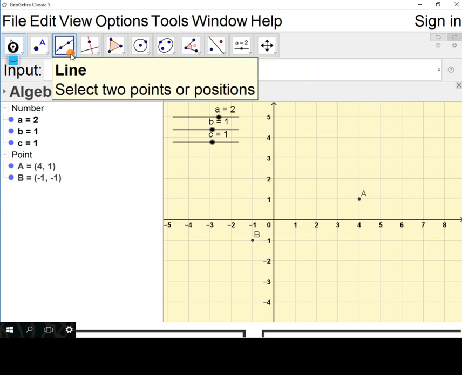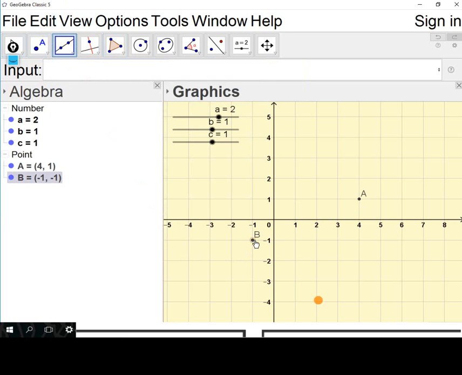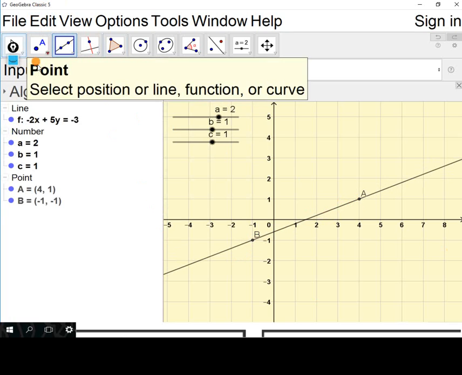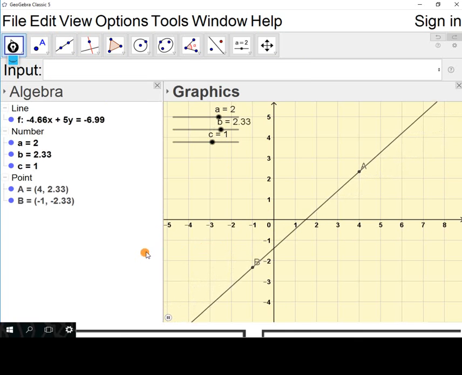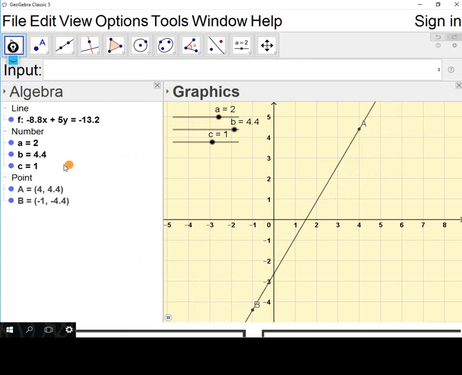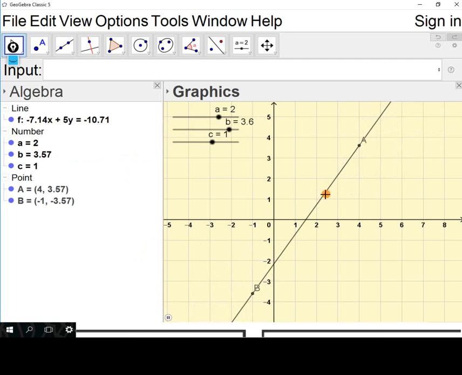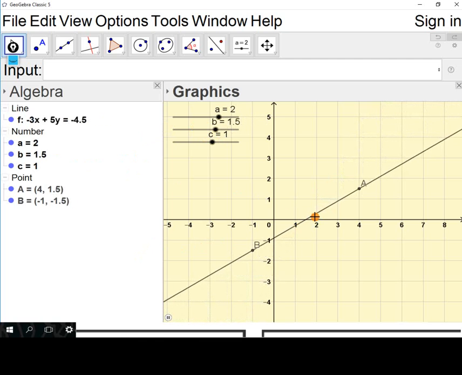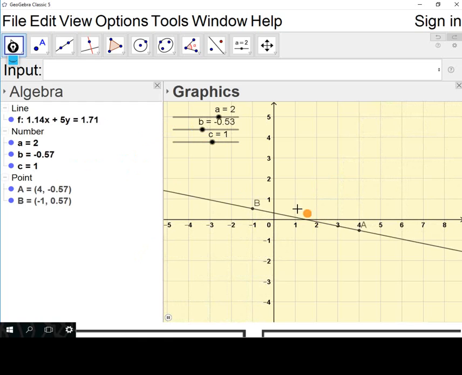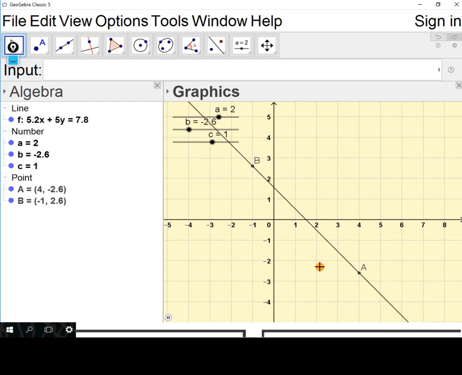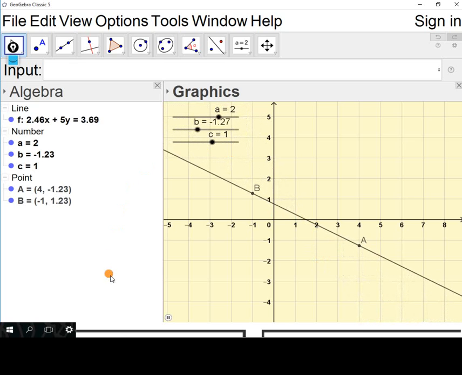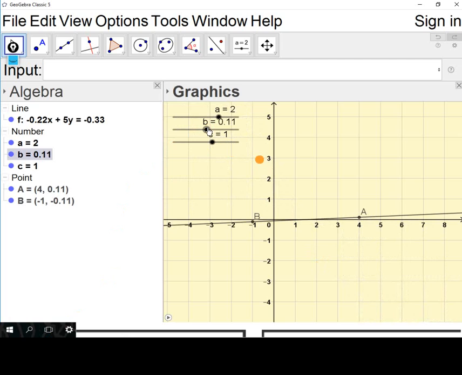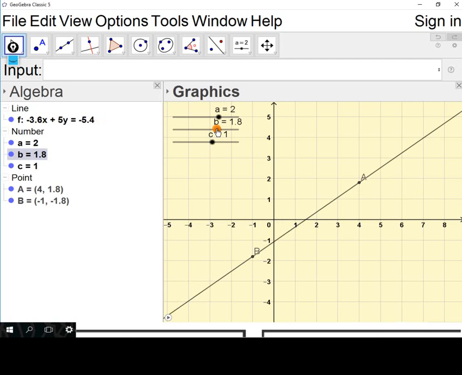So as I move these things around, I'll just move A. Actually, I'm moving value B. As I'm changing that value B, you can obviously see that this line is changing, right? And when this line changes, what characteristic of it is changing that we've been talking about? The slope is changing, right? So the line right there, its slope is different than what it is right there, right?